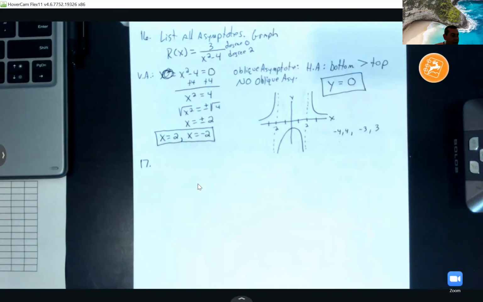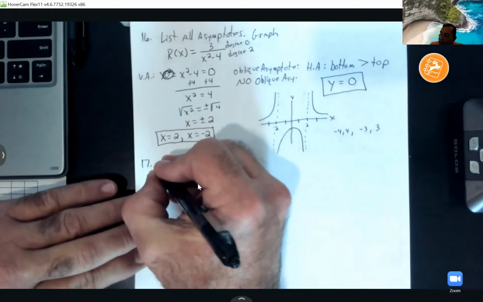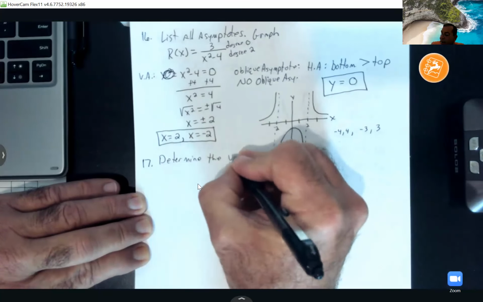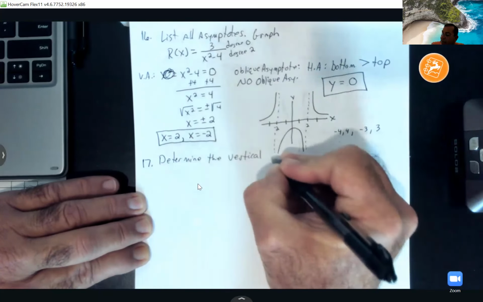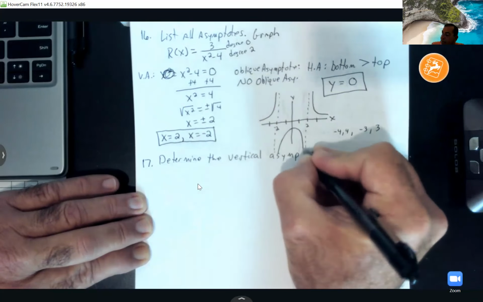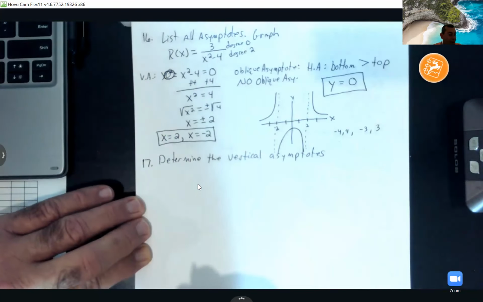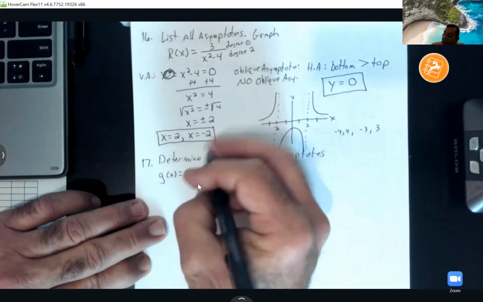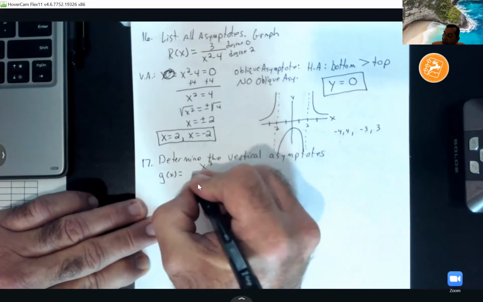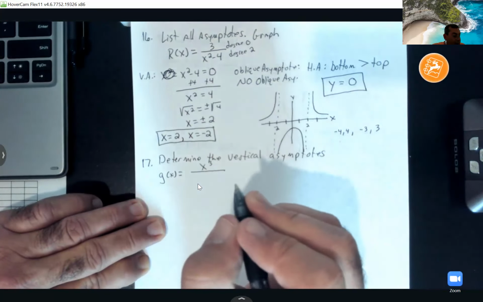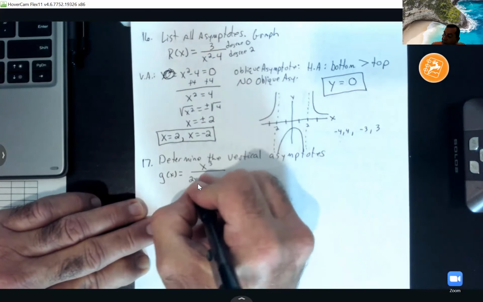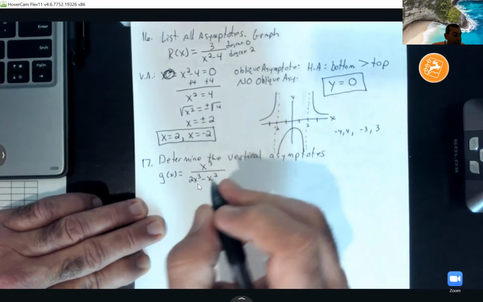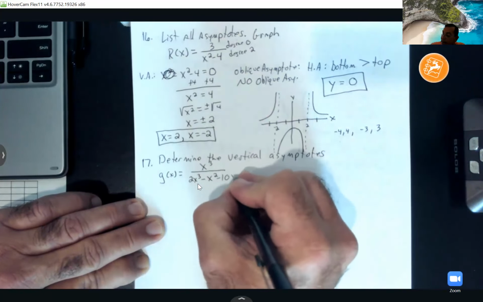All righty, y'all. 17 wants me to determine the vertical asymptotes. They're giving me g of x equals x to the third on top over 2x to the third minus x squared minus 10x.